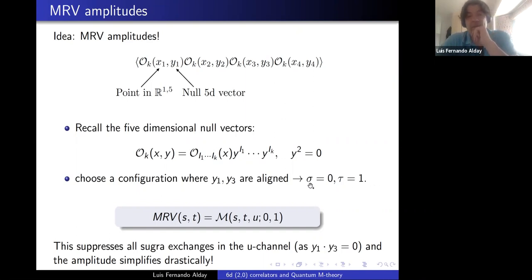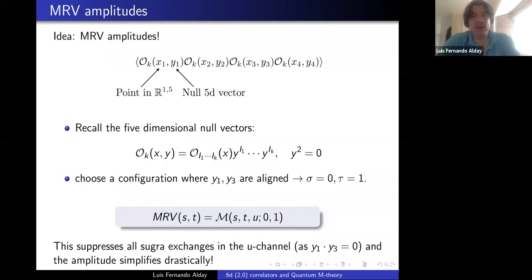Just to answer the question from Shiraz, notice that we are going to a specific R-symmetry polarization by choosing this. It turns out that this choice suppresses all exchanges in the U channel, and the amplitude simplifies drastically. We define this MRV amplitude as the usual amplitude where sigma has been set to 0 and tau has been set to 1.